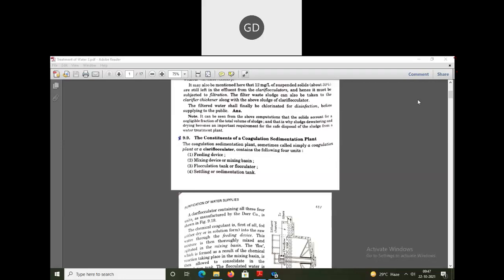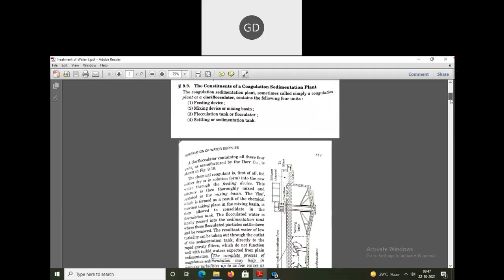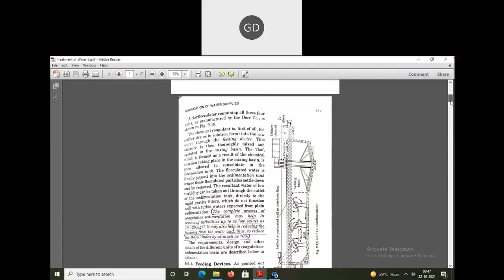The first unit is the feeding device, then comes the mixing device, also known as the mixing basin, then the flocculation tank or flocculator, then the settling or sedimentation tank. These are the four parts of a coagulation sedimentation plant or clariflocculator.